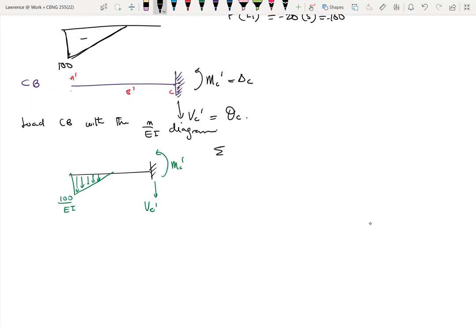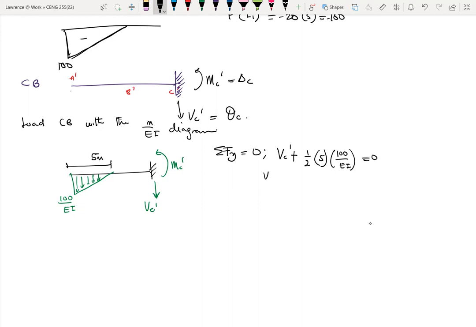So we go with summation of forces in the y direction equal to 0. So VC prime plus the area of the triangular load, because they're all in the same direction, right? The area is half base times height. The base is the distance here, which is 5 meters. So half times 5 times the height of 100 over EI, and that should give us 0.